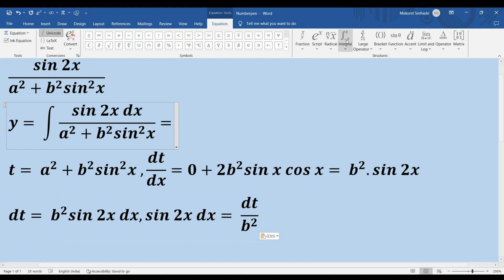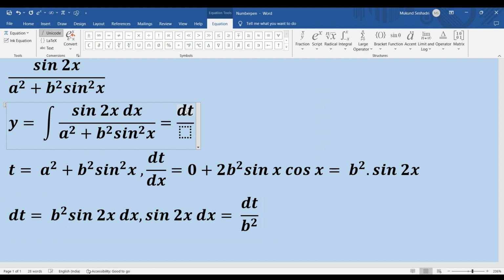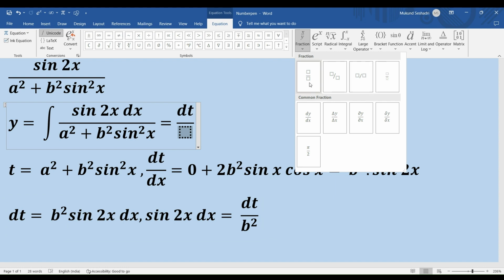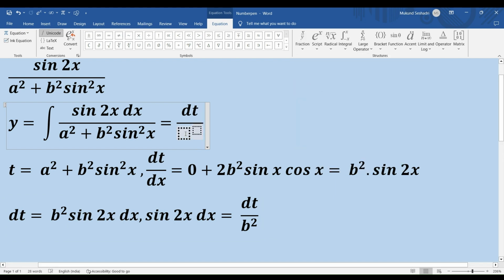I go to my y, I know that I can replace and represent everything using t, right? I have a dt by b square in the numerator now. And then I also have my a square plus b square sin square x, which I can replace by t. And why is that?